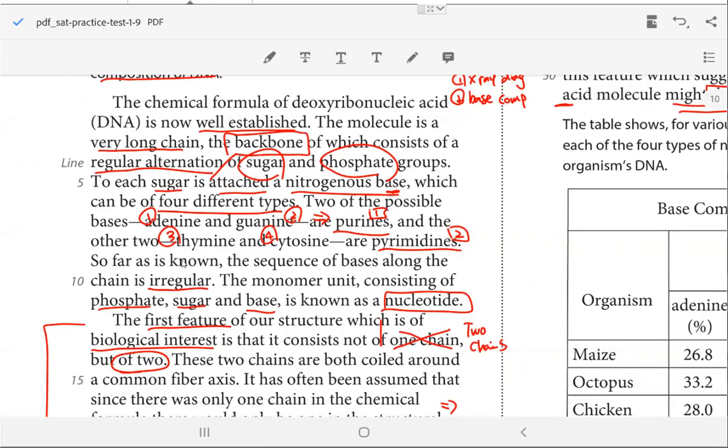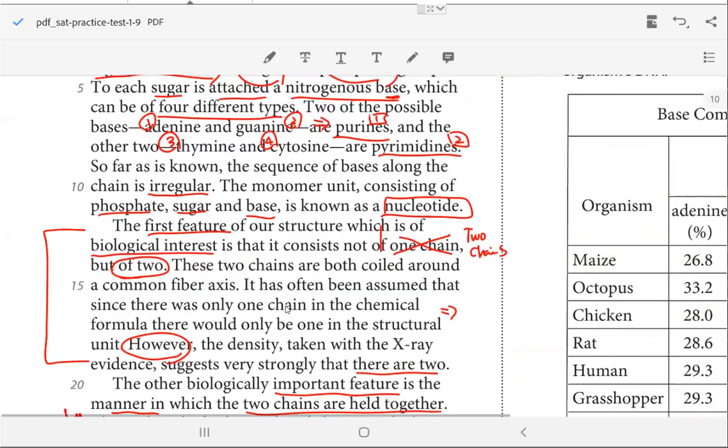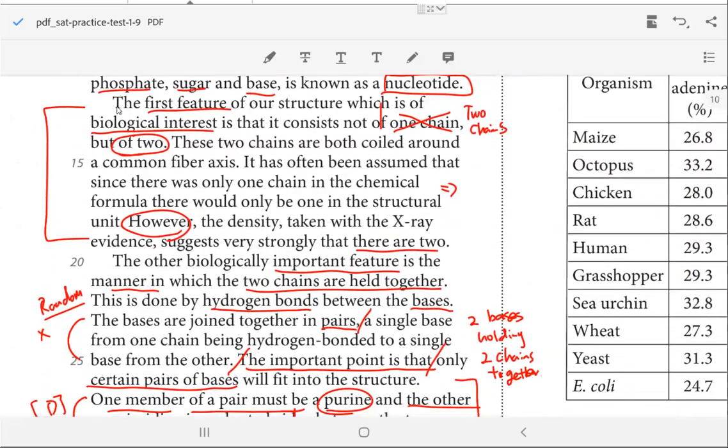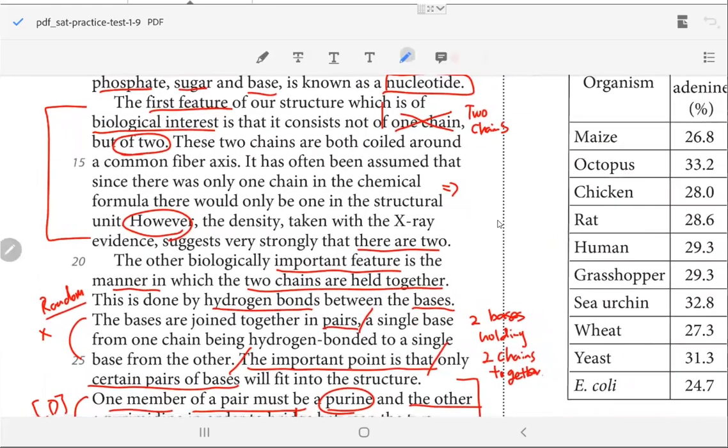The sequence of base along the chain is irregular. 여기까지는 엑스레이를 에비던스로 아직 사용하진 않았죠. 자, 그러면 from line 12, first feature, one chain, fiber axis, assume that since there was only one chain in the chemical formula, there would only be one structural unit. There you go. However, the density was checked by X-ray, right? We remember reading this, right?